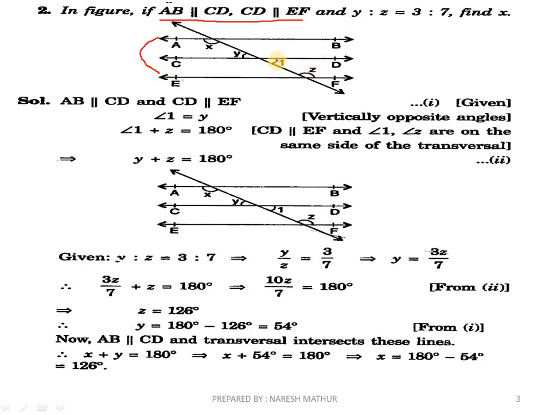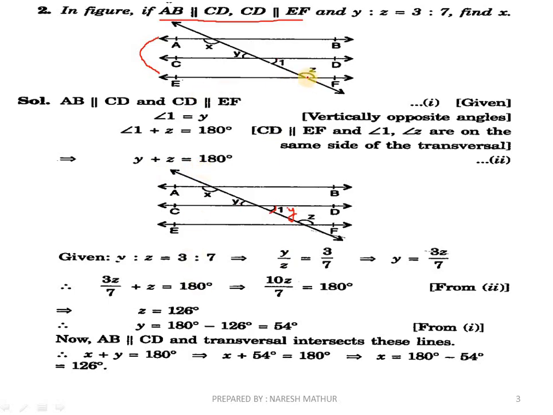Now let's say this angle is angle 1, and angle 1 equals angle Y because of vertically opposite angles, so we can write angle Y in place of angle 1. Now we can write Y plus Z equals 180 degrees because of co-interior angles. The sum of co-interior angles is equal to 180 degrees.